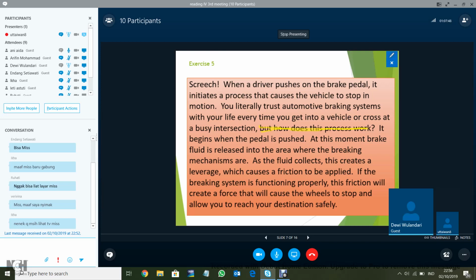Yeah, that's good idea. So, how braking system contains a lot of parts that work together. Nice. So, please make one sentence. Choose any verb, then please make one sentence.